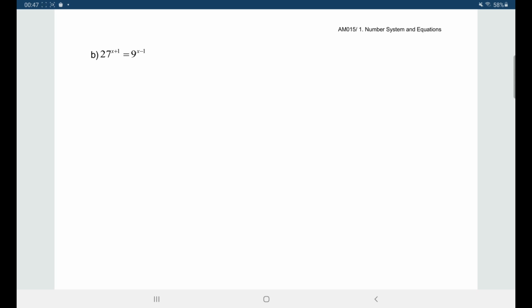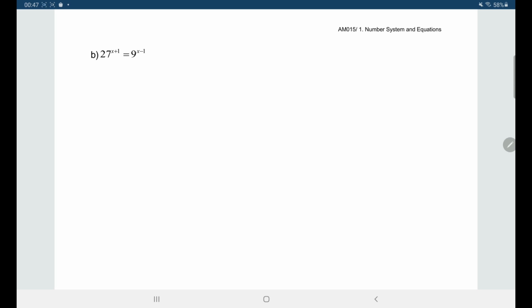For question B, 27 power of x plus 1 equals to 9 power of x minus 1. Okay, we change 27 and 9 to the smallest base.